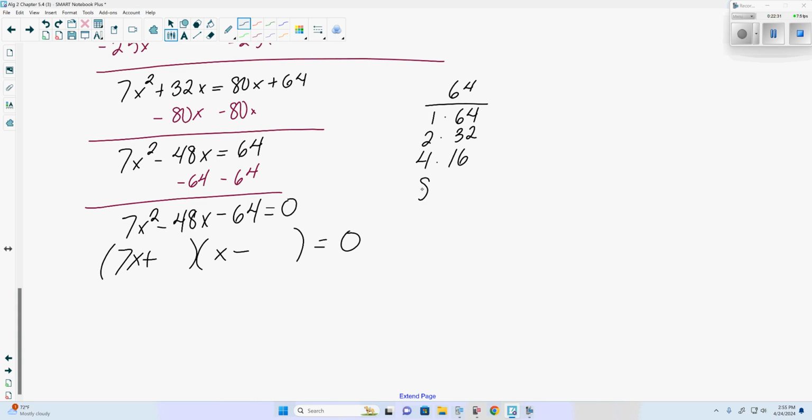And then we have 8 and 8. Yep. I'm going to try 8 and 8. Did any of y'all graph it?